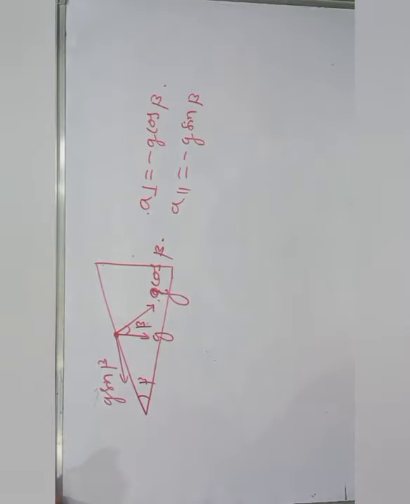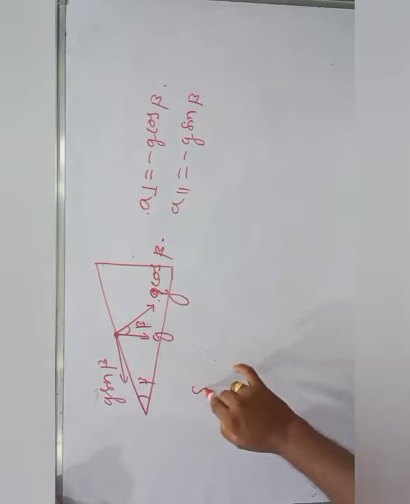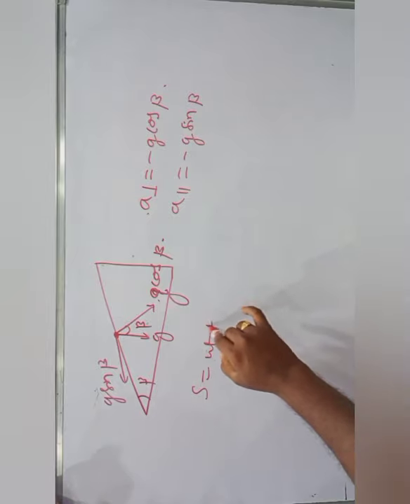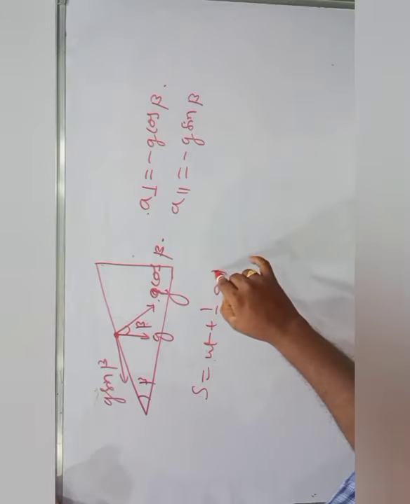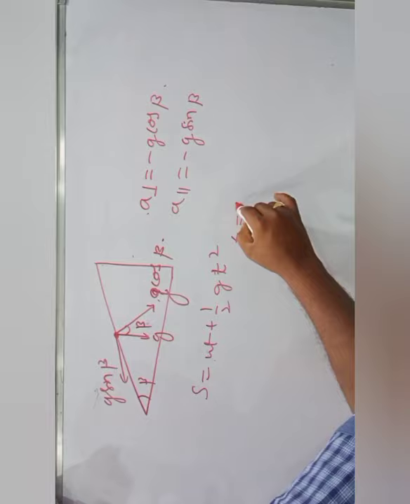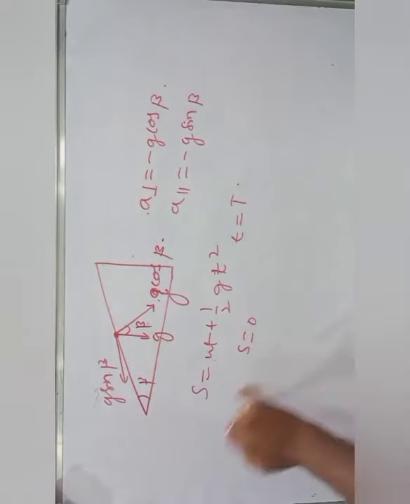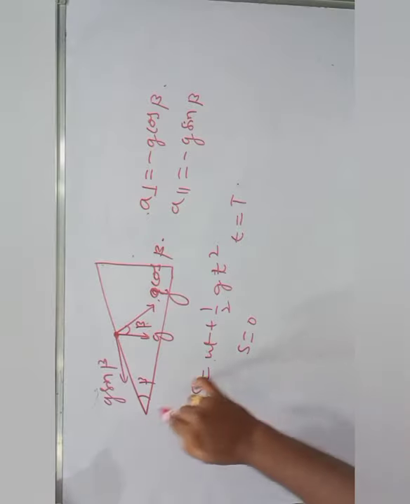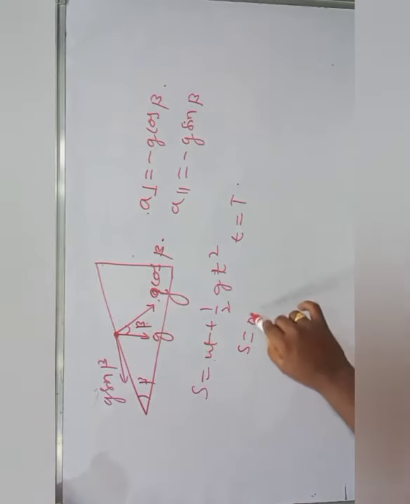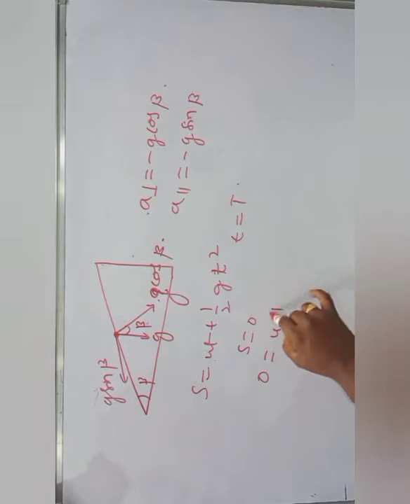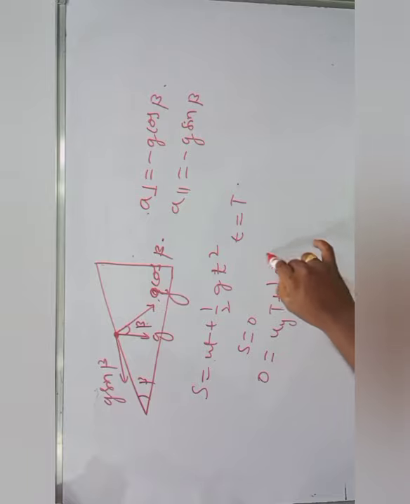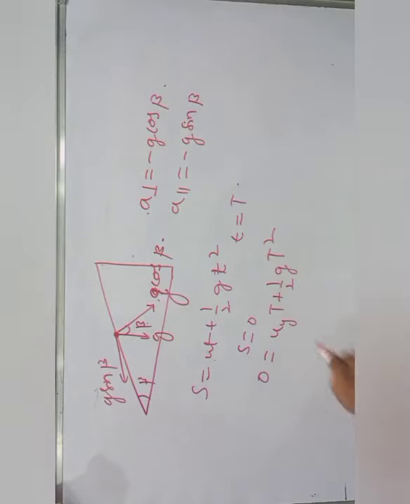Now we want to calculate the time of flight. By using this equation, we will get the time of flight. Where small t is equal to capital T, the displacement of the particle is 0. So 0 is equal to uy T minus half g T square.